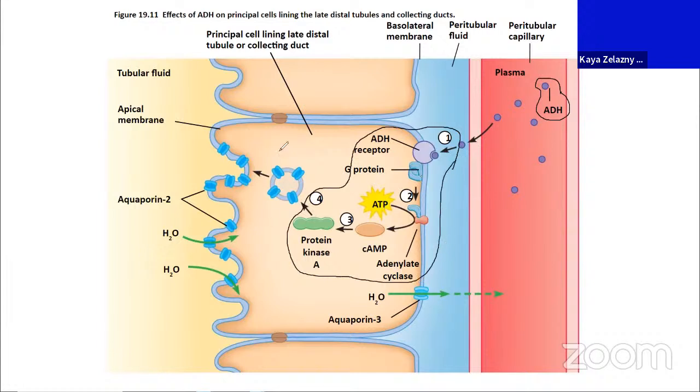The ultimate effect of which is the insertion of these aquaporin 2 molecules in that apical membrane. It's the presence of those aquaporin 2 molecules that allow water to go all the way into the cell, and then it can still get out through aquaporin 3.